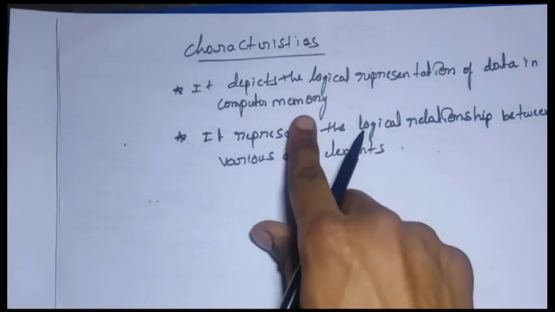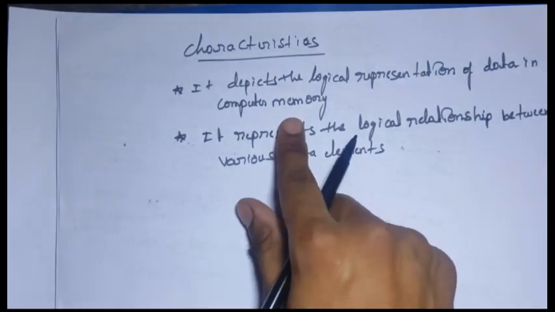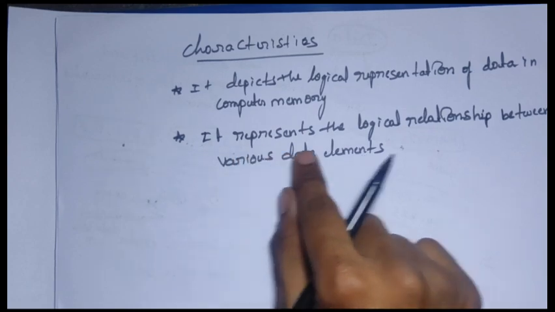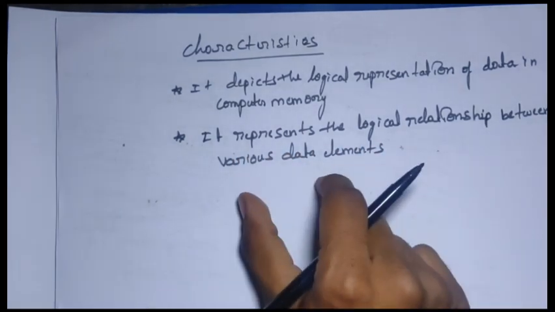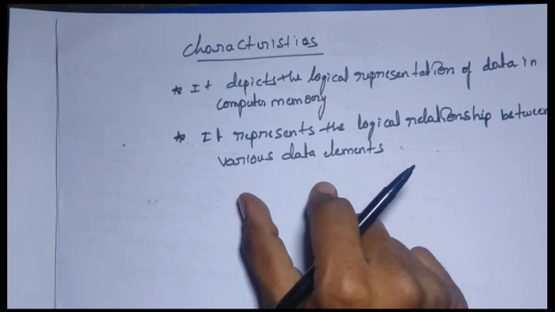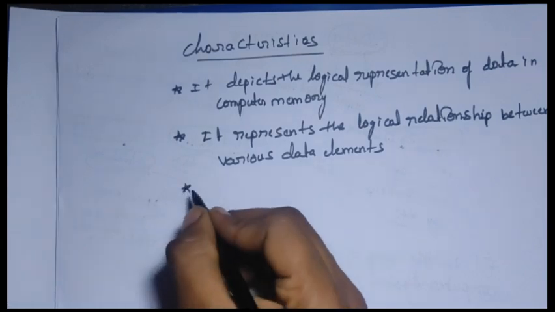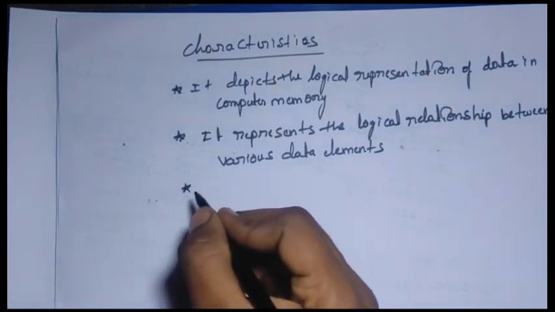So the first characteristic is the logical representation of data in a computer where it will be stored, and the second characteristic is it represents the logical relationship between the various data elements. You can also define the data structure this way. It reflects the relationship between or among the elements.